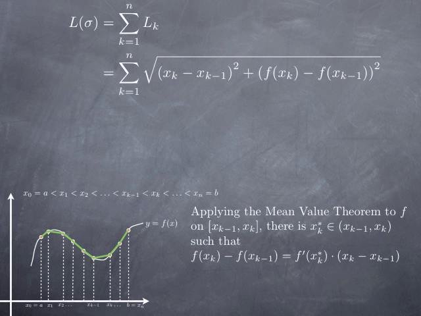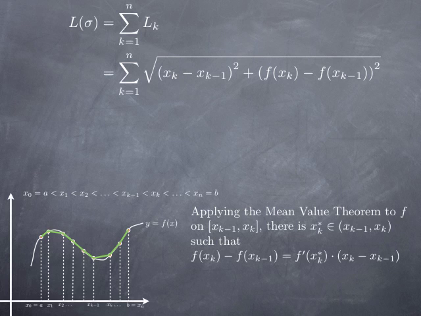Recall that the mean value theorem simply states that if the function is continuous on a closed interval and differentiable on the open interval, then there is one value inside the open interval where the derivative takes as a value the average rate of change of the function on the interval, which is simply the difference of the values of the function at the endpoints divided by the width of the interval. We're writing this slightly differently, simply multiplying both sides by the width of the subinterval.